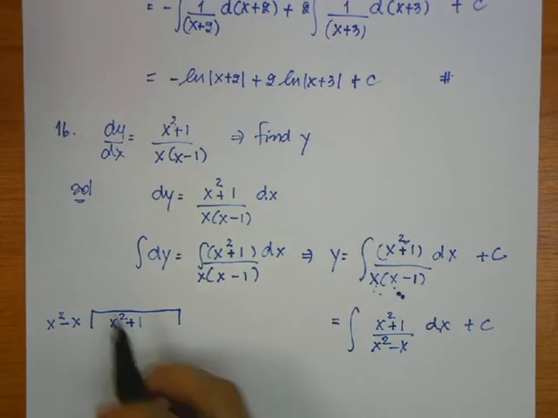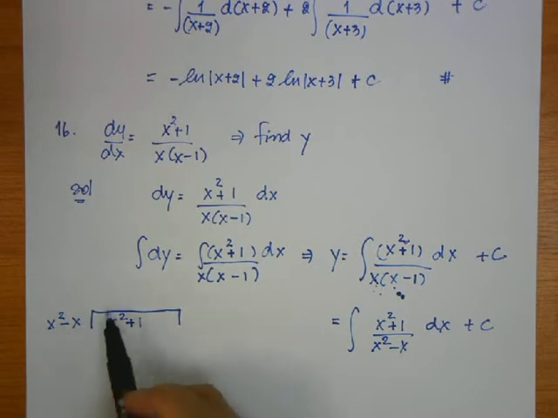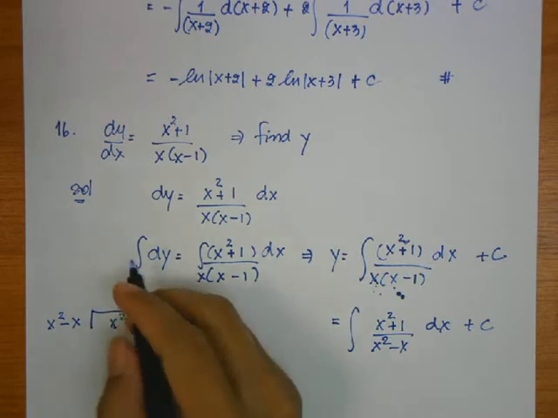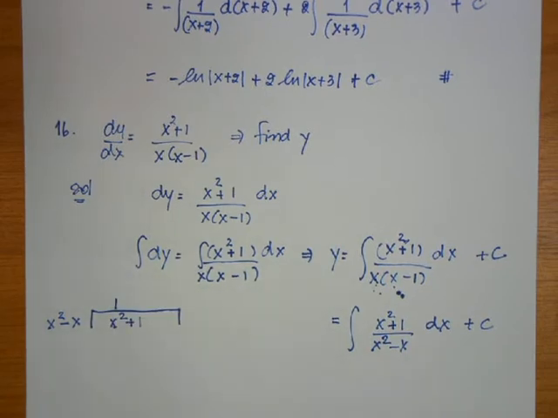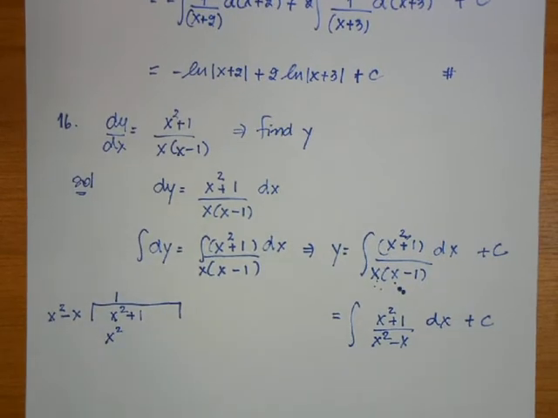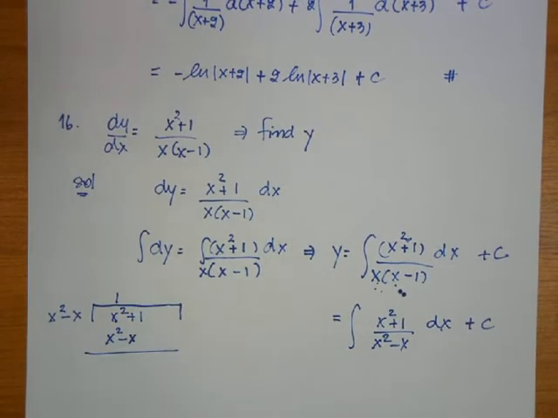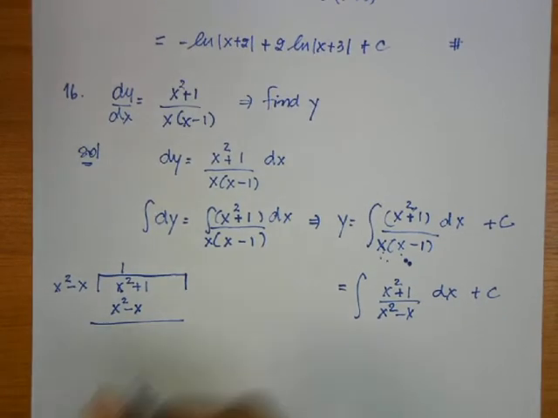Now, you have x squared here, x squared there. What would be the number that you should put up here in order to make them equal? 1, right? 1 times x squared equals x squared. 1 times minus x equals minus x. You do subtraction.